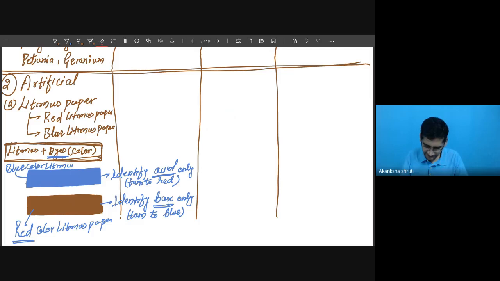So the original color for this artificial litmus paper could be blue color or red color. So right, red color litmus paper or blue color.